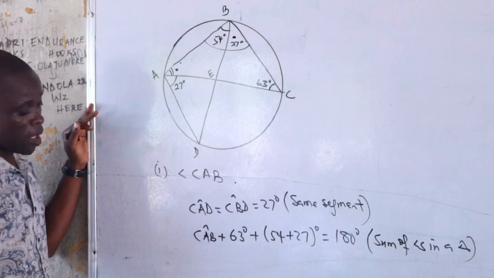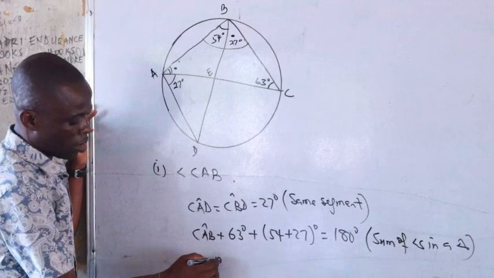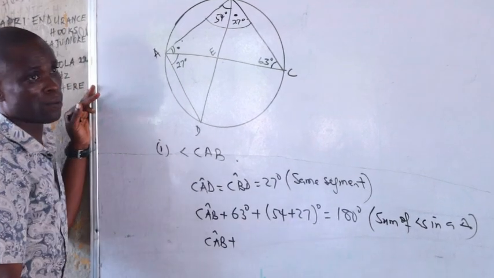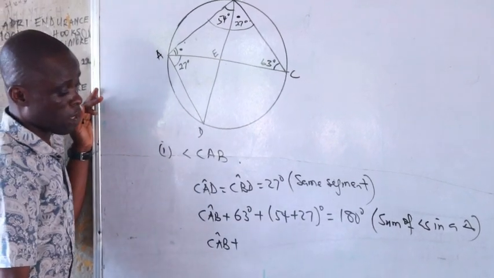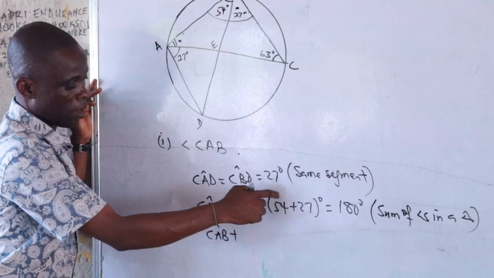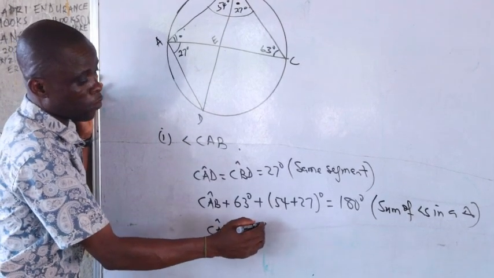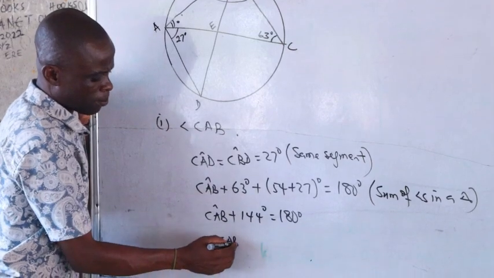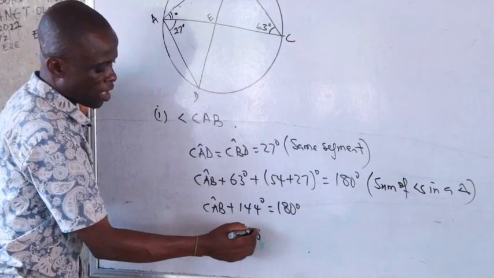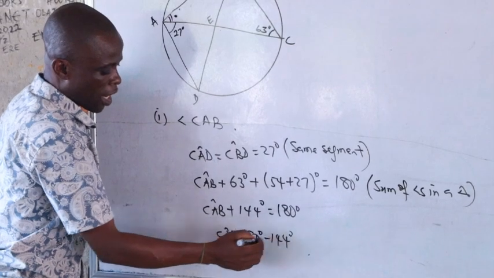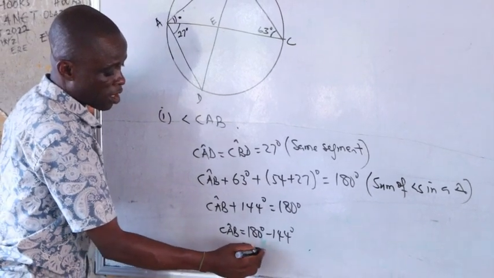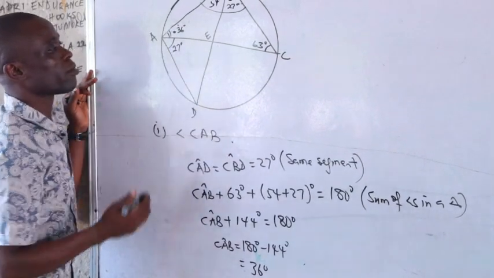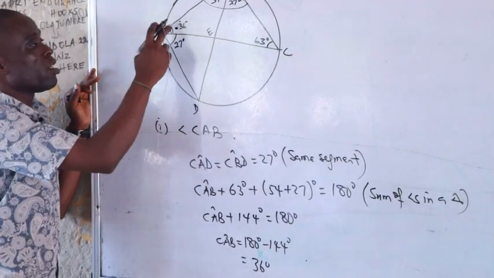Are you with me? Then we have CAB plus, what is 63 plus 54 plus 27? What is the sum? 144 degrees equals 180. So we have CAB equals 180 degrees minus 144, and that is 36 degrees. So it means that this angle is 36 degrees.